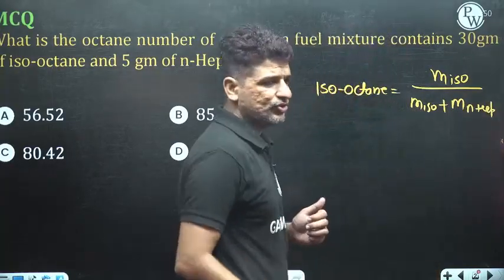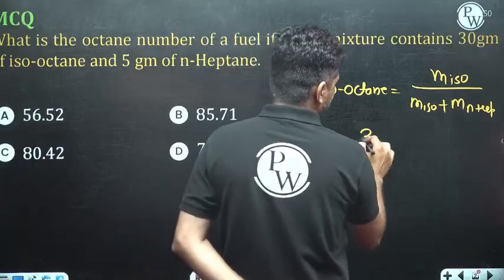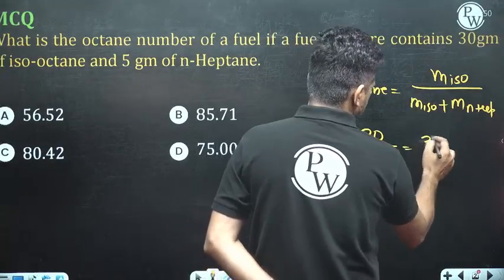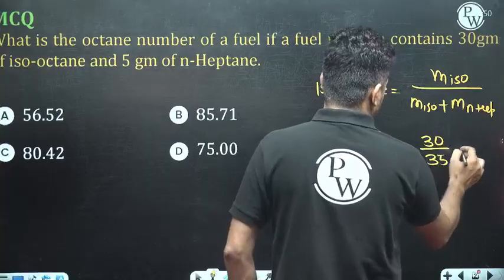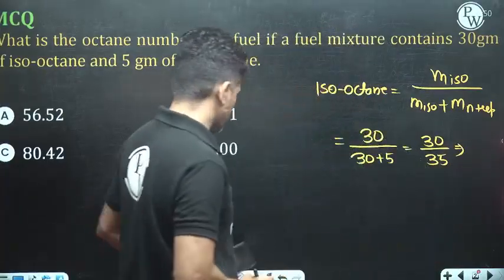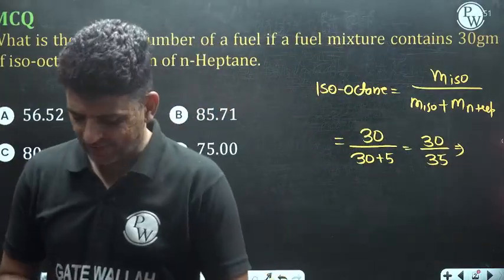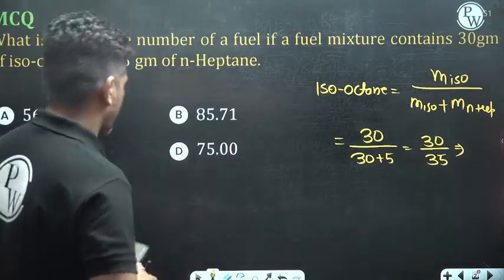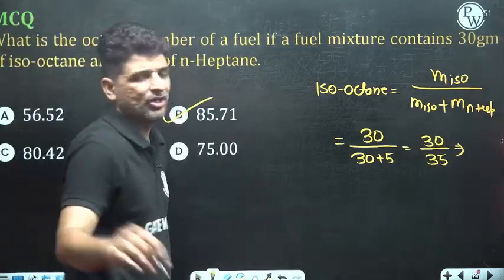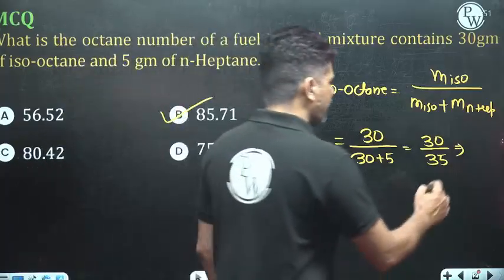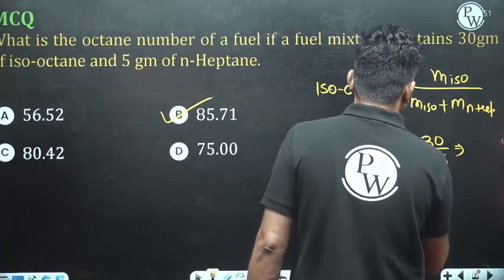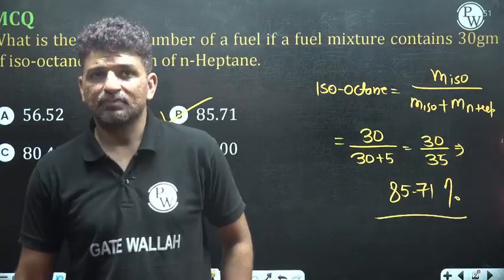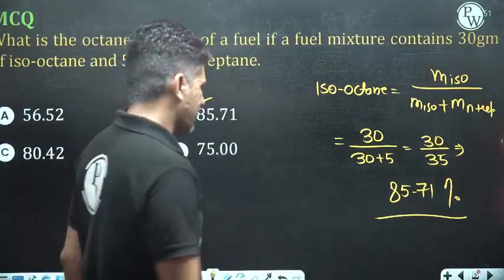So this can be written as 30 divided by 30 plus 5, so this is 30 divided by 35. I think the answer should come out to be 85.71. So 30 divided by 35 is 85.71, and this is the octane number of your fuel. Is it clear?